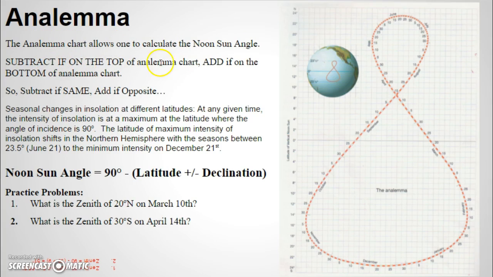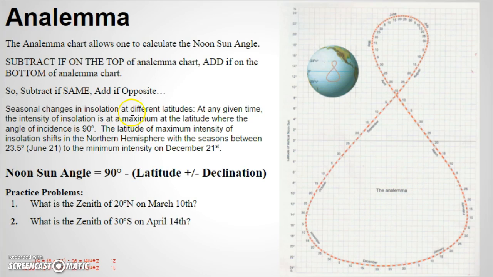You subtract if it's on top of the Analemma chart, this is for the northern hemisphere, and add if it's on the bottom. Another way of looking at it is you subtract if it's on the same side and add if it's on the opposite side. Most of our reference frames here in the Chicagoland area are from 42 north. If the sun is located on our hemisphere, we will subtract, and if it's on the opposite hemisphere, we will add them together.